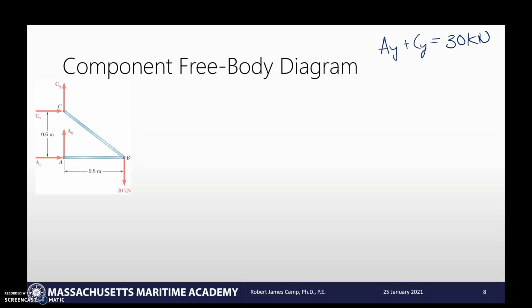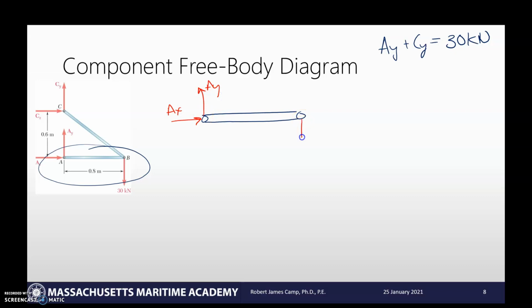So now what I want to do is take a look at just AB. So now let's pull out AB. It's pinned at both ends, and I am going to use red for the external forces, AX, AY, and then 30 kilonewtons.